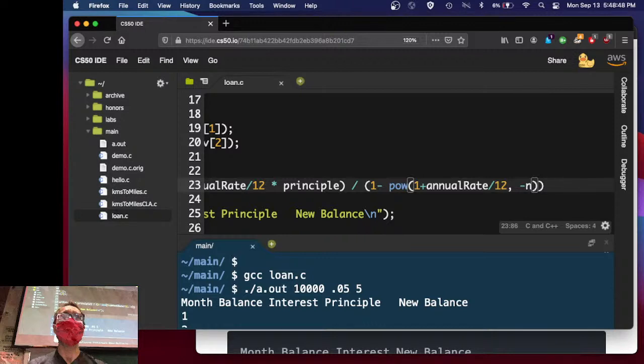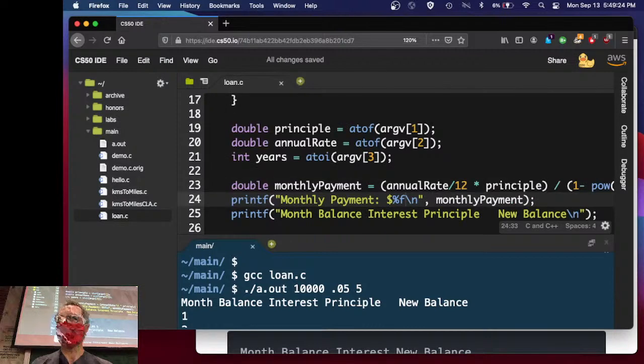Oh, negative n, sorry. It all gets put in parentheses here. Sorry, it is really lagging. Try that again. Okay, good. It works, but it doesn't compile. What am I forgetting? -lm, link in the math library, so that it knows what the pow function is. Let's run it and find out what the payment is.